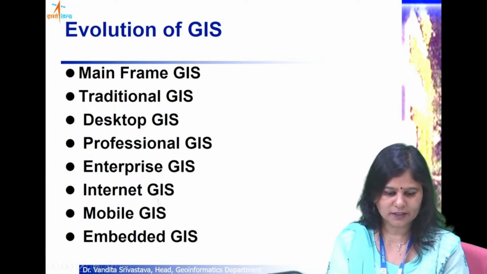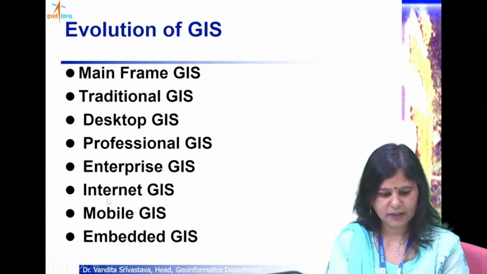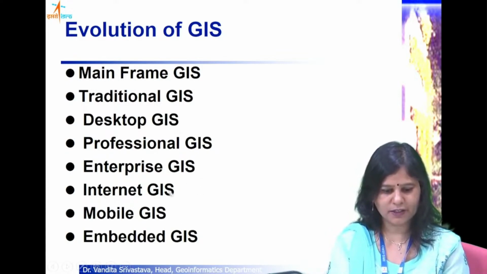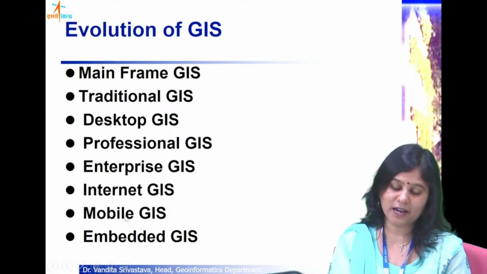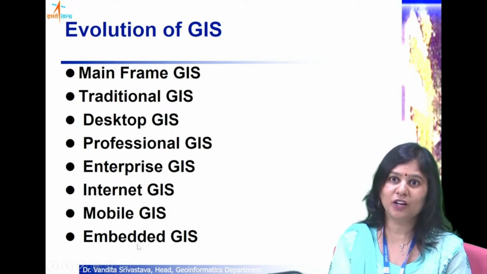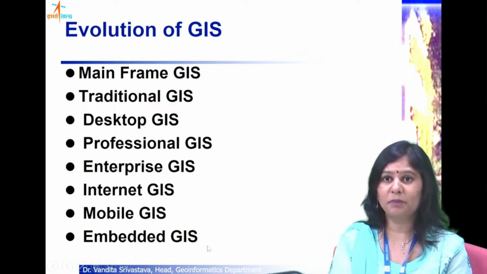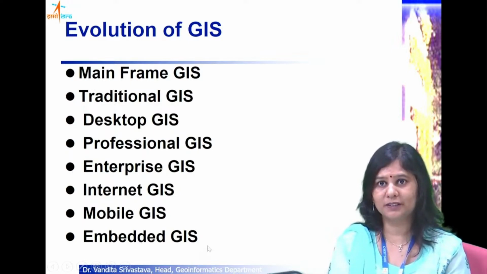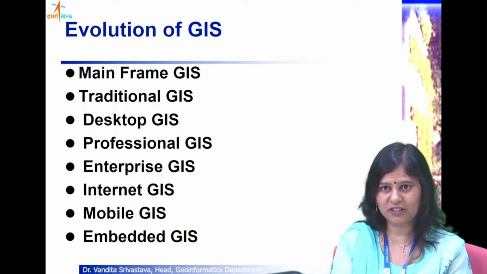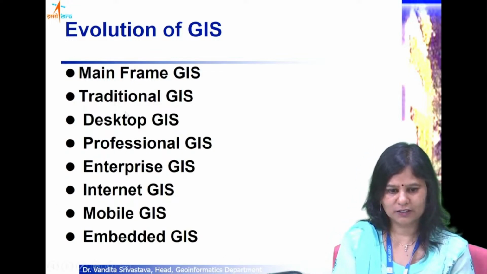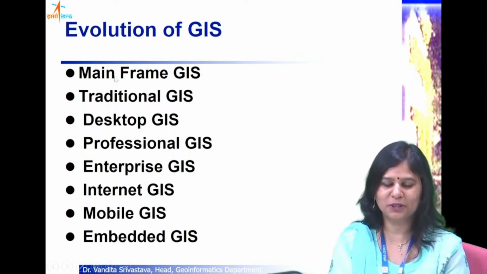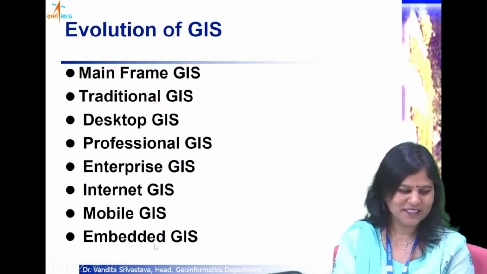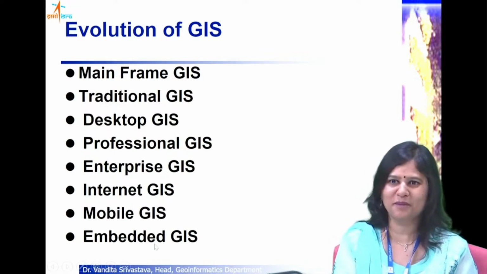Likewise, a lot of developments took place in internet GIS, and slowly it further miniaturized, and the era of mobile GIS came, and now we talk about embedded GIS. People are now using some functionalities of GIS in the car, in their display system. So the evolution of GIS has happened from the size of a room to now embedded in a mobile phone maybe.